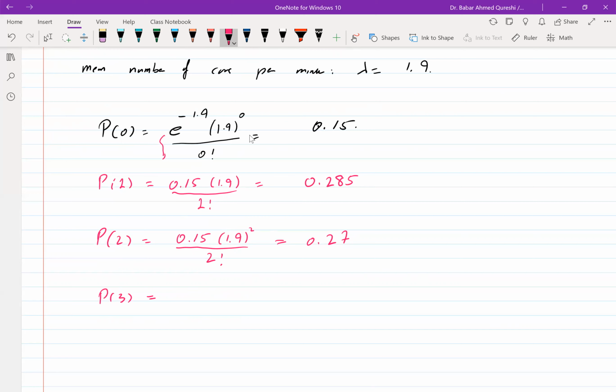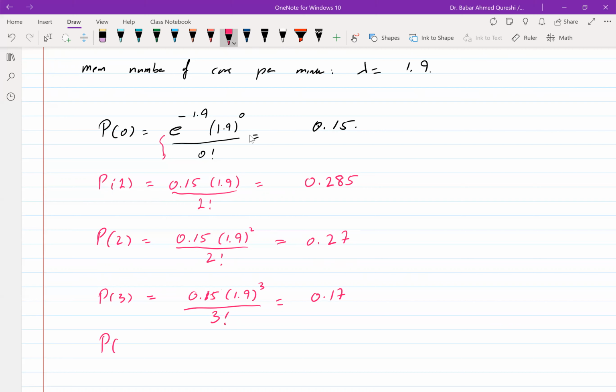Probability for 3, over three factorial, so it's 0.17.